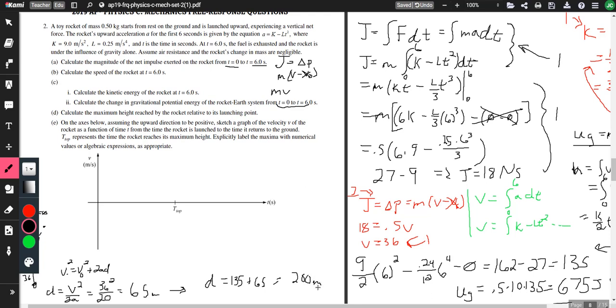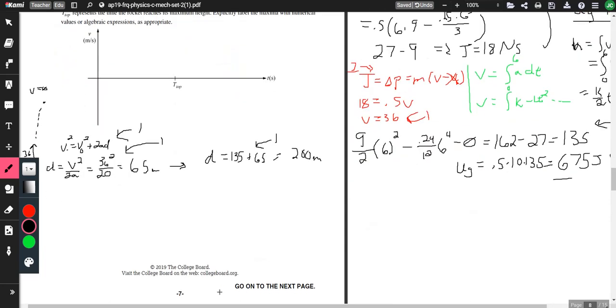All right. Now, this was 3 points. You got 1 point for doing this, 1 point for substituting the numbers in, and essentially 1 point for adding in the initial height that you got from before.